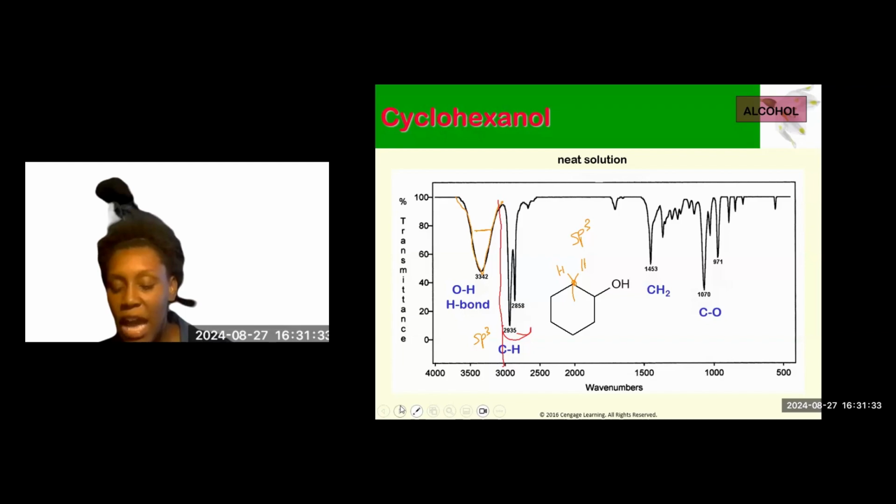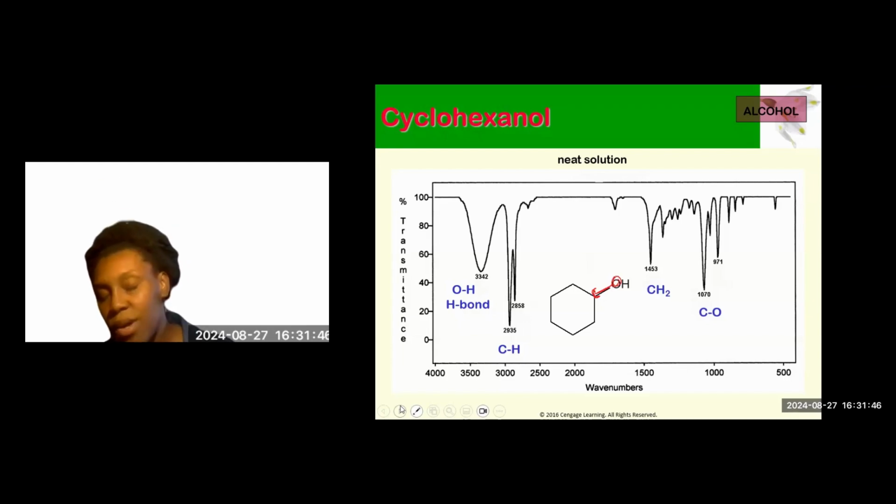Now, alcohols not only have the OH group, but you also have this carbon here. And so you're also going to see this carbon-oxygen bond, which is going to be around 1,000 to 1,300, usually around 1,000 or 1,200. Just know every single bond in this compound is going to show different bands.